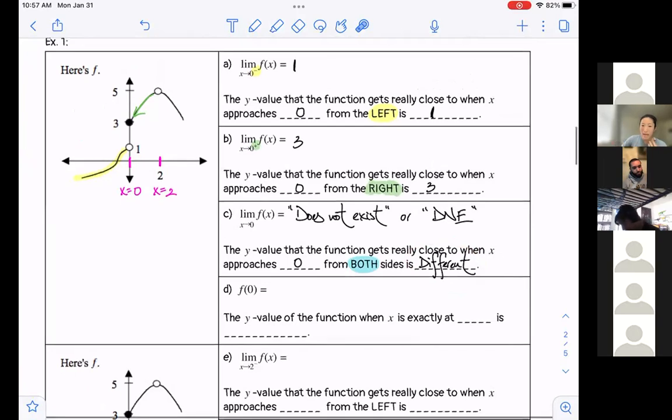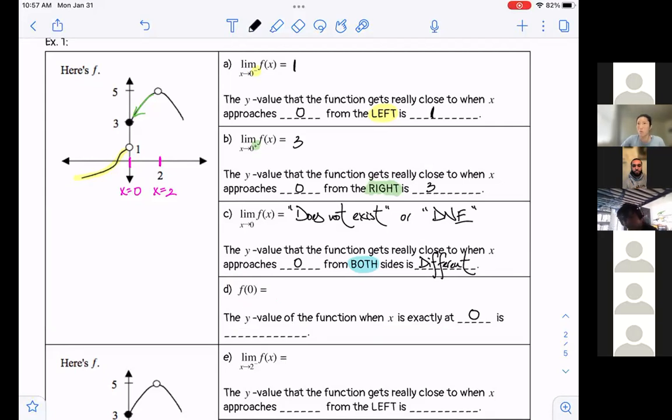All right, we've got one last question here, which is f of 0, okay? So f of 0, well, that's actually what we know. Someone said it so well earlier. They said f of 0 would be saying the y value of the function when x is exactly at 0. Nora, I think you actually have answered this question already, but anyone can answer this.